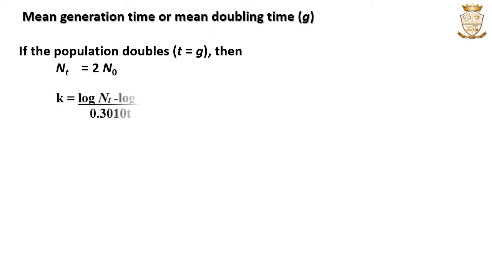So under this situation, let us see what the mean growth rate constant K will be. K is equal to log nt minus log n0 divided by 0.3010 t.